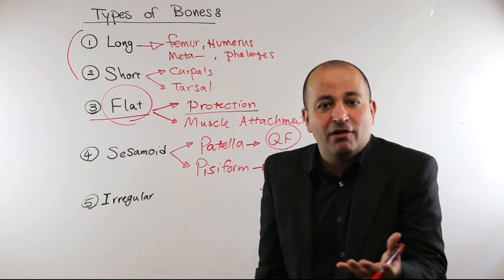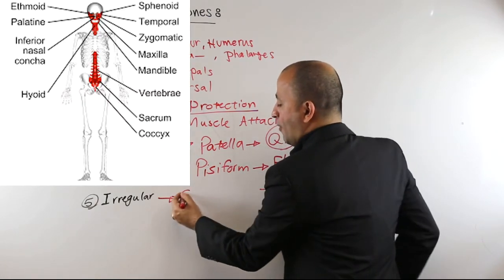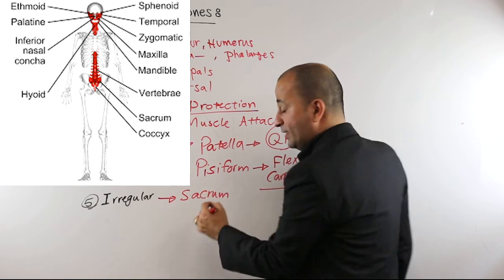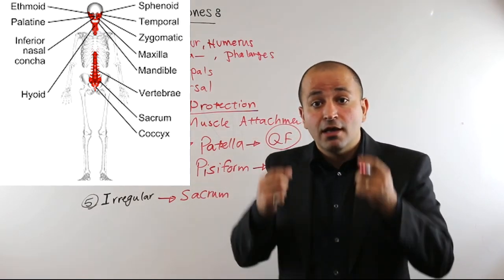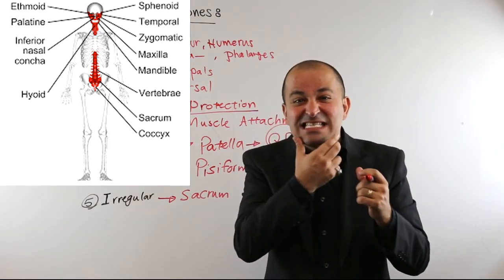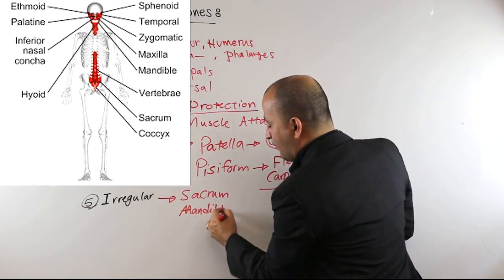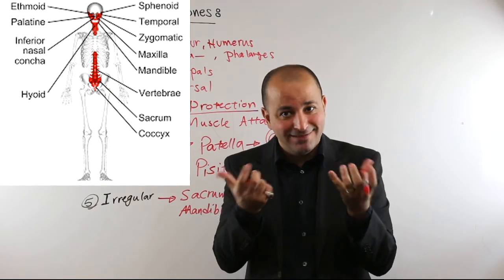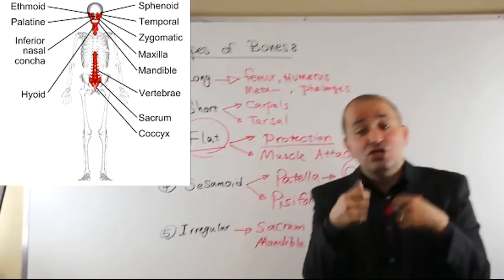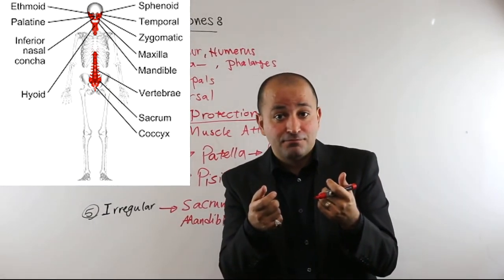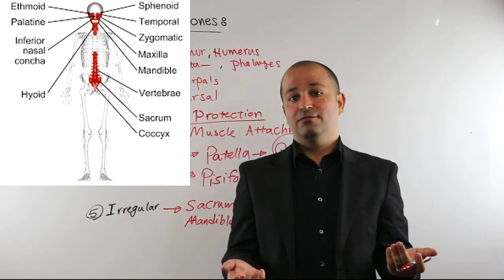What are the examples of irregular? Sacrum is an irregular bone. Mandible, jawbone. What is that? That's irregular because it's not a long bone, it's not a short bone, it's not a sesamoid bone, and it's not a flat bone.